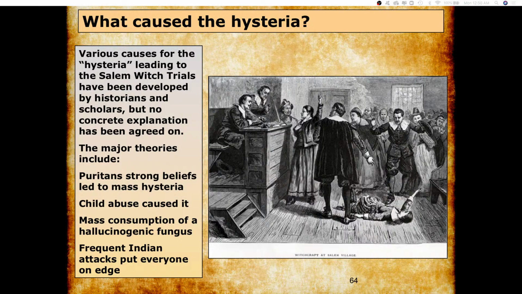So some people feel that hallucinogenic fungus and the consumption of it made people hallucinate and think that there was witchcraft going on. Some people also feel that the children doing the accusing may have been abused and they were acting out.